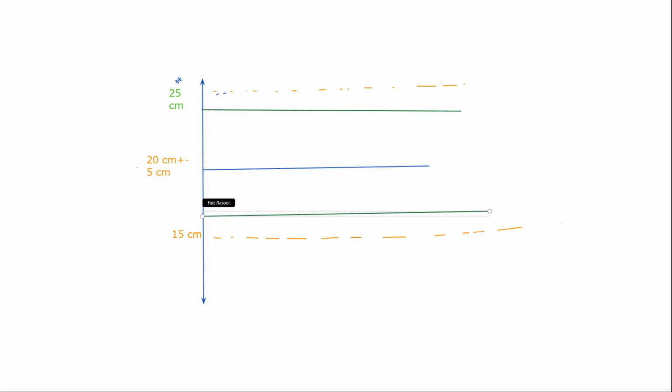So as long as the pen is between 18 centimeter and it would be how much? No, not 18, I'm sorry. 23 centimeters. Yeah, 23 centimeter and, I need to erase something here.